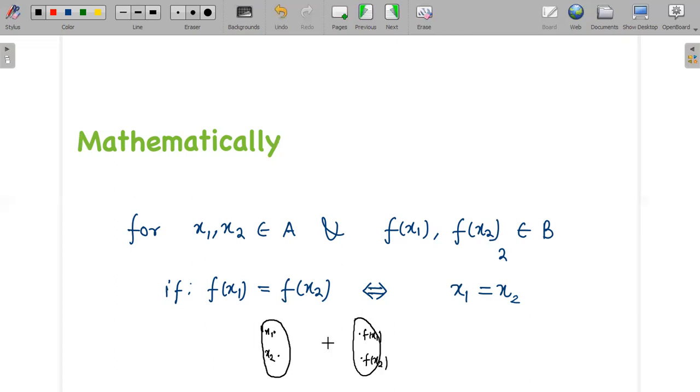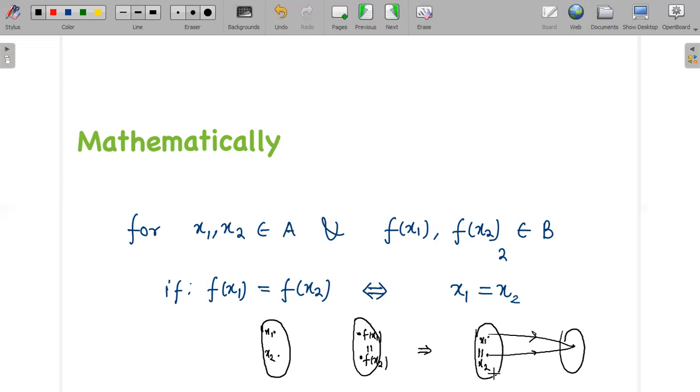If I use a contradictory manner, and try to equalize the two outputs at x1 and x2, suppose I say f of x1 equals f of x2, then what will happen? It means we have two elements in set A, x1 comma x2, having the same image in set B. But this does not fulfil our definition of a one-one function, that different elements of set A should have different images in set B. So what should be done?